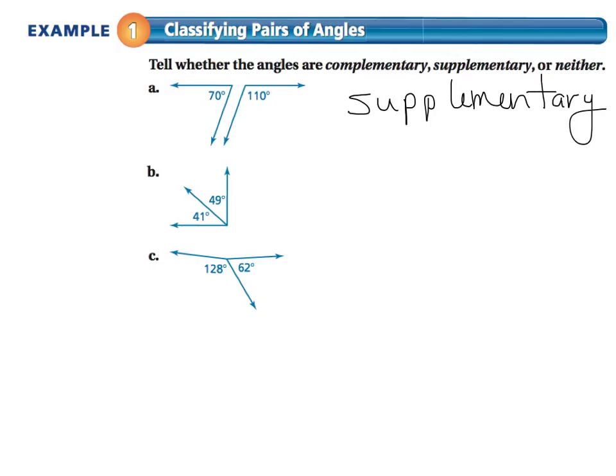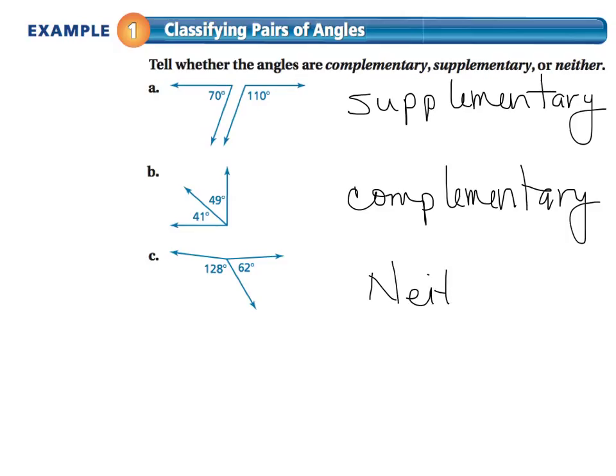In B, 49 plus 41 degrees would be 90. Therefore, they are complementary. And in C, we know that these two angles add up to 190 degrees. Therefore, they are neither complementary nor supplementary.